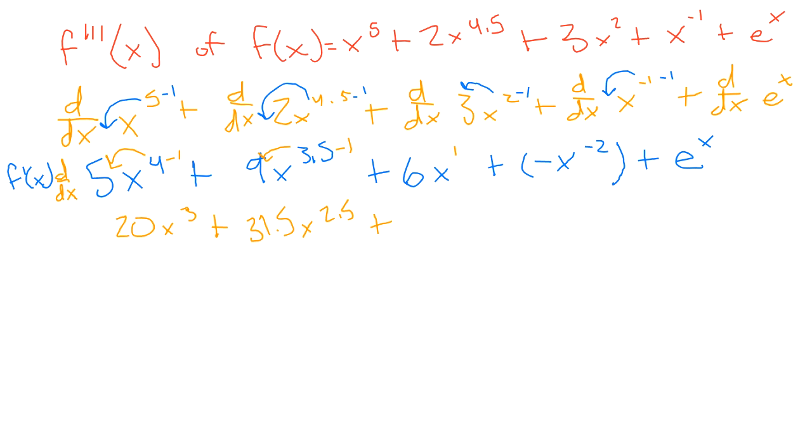Pull that 1 down, which is just 6, and 1 minus 1 is 0, x to the 0 is 1, so we just leave that 6. Plus, we have our negative 2 times our negative 1, which is just 2, x to the negative 2 minus 1, which is negative 3. And once again, the e to the x just stays put.